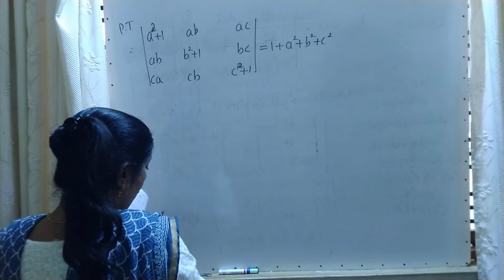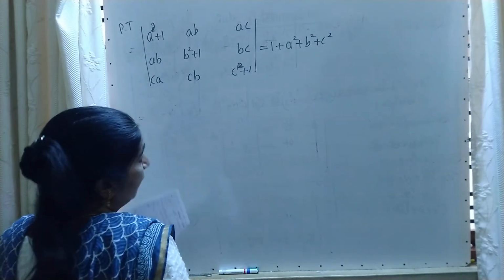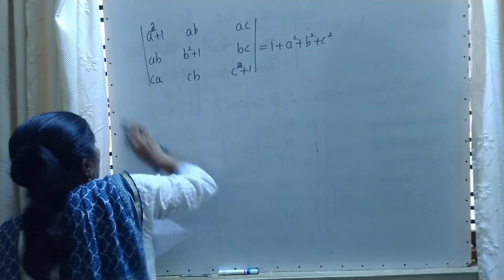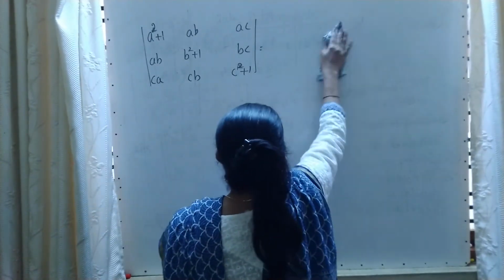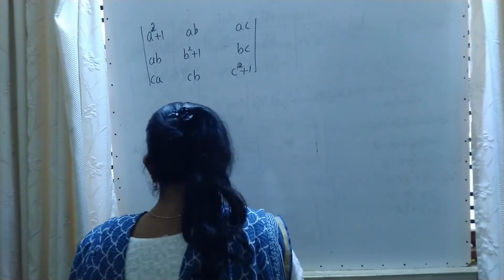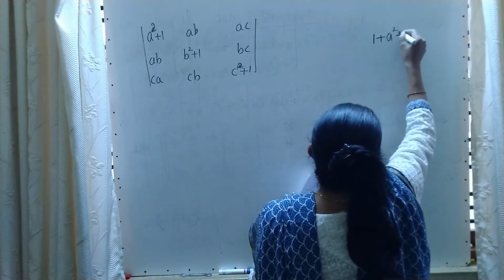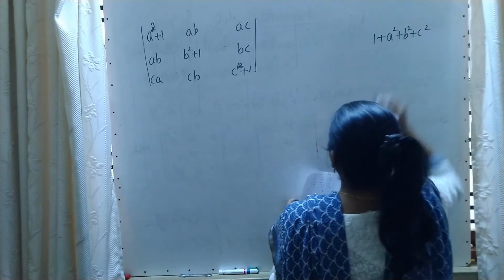Here also, as usual, we have to start with the left side. So write on the left side, and here only I am writing the left side. For your reference, I am writing the answer on the side. That means what we have to get: 1 plus a square plus b square plus c square.